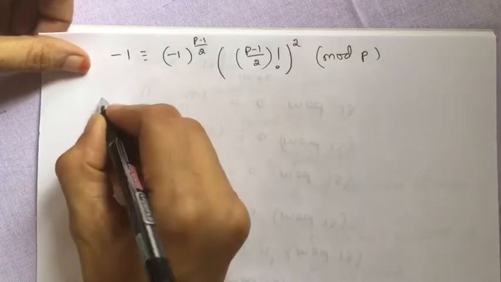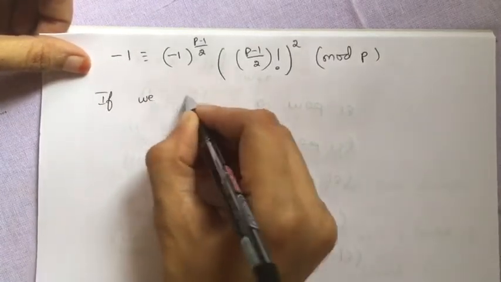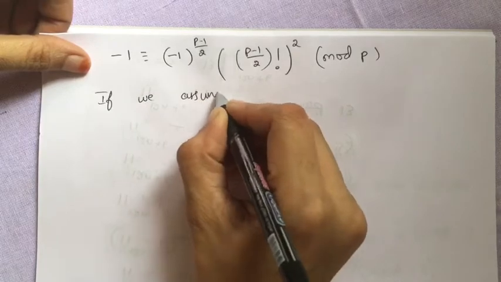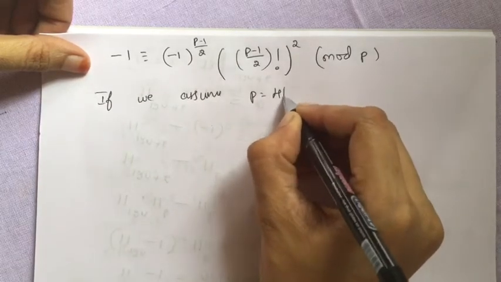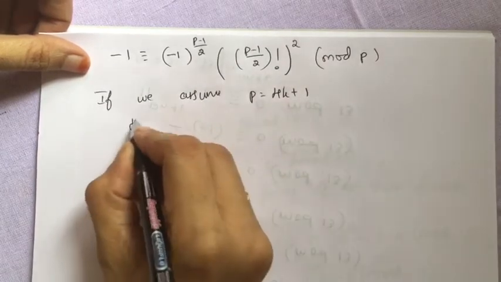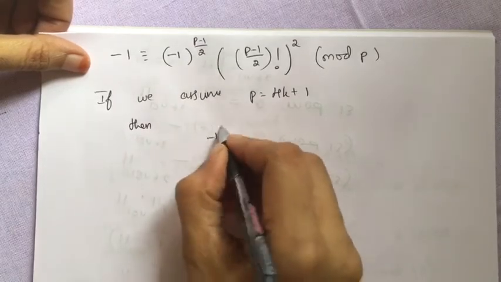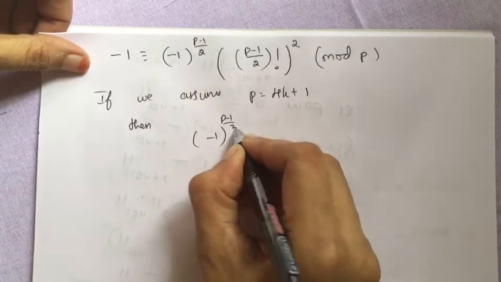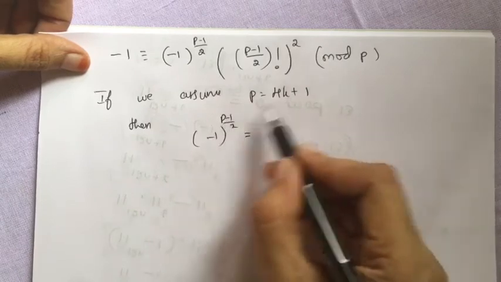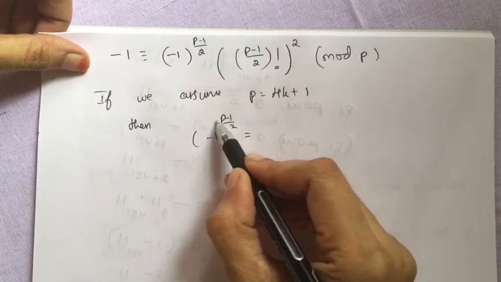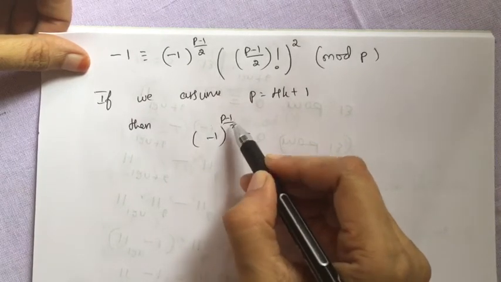Now if you assume that the value of p is 4k plus 1, then what happens to minus 1 power (p minus 1) by 2? It becomes 4k plus 1 minus 1, so 4k by 2, that is an even number.